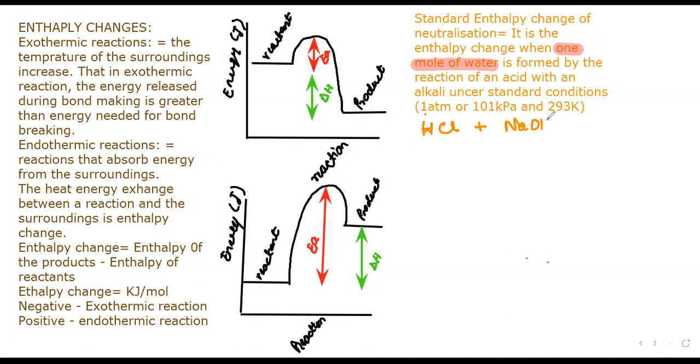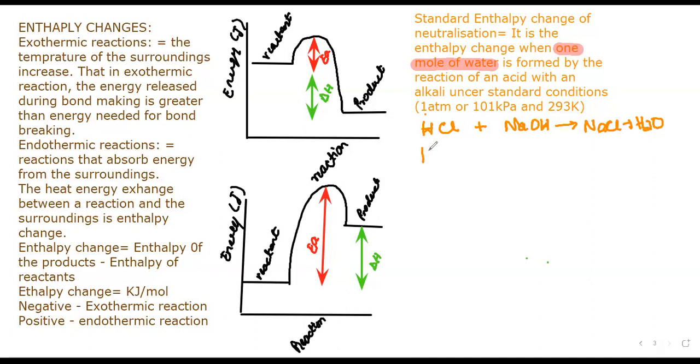If I react HCl with sodium hydroxide, we will get a salt and water. That's the acid-base reaction we have studied. Our salt is going to be sodium chloride, and we will end up getting 1 mole of water. So in this equation, the enthalpy change is for this 1 mole of water being formed. The criteria, 1 mole, is only for water, not for HCl, not for sodium hydroxide. I need to get 1 mole of water.